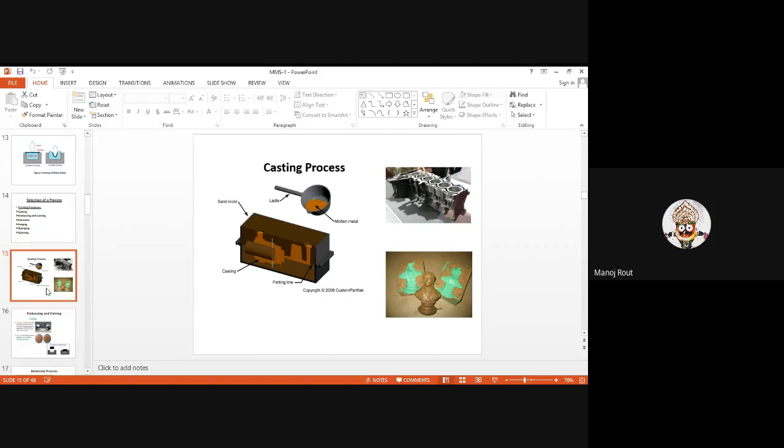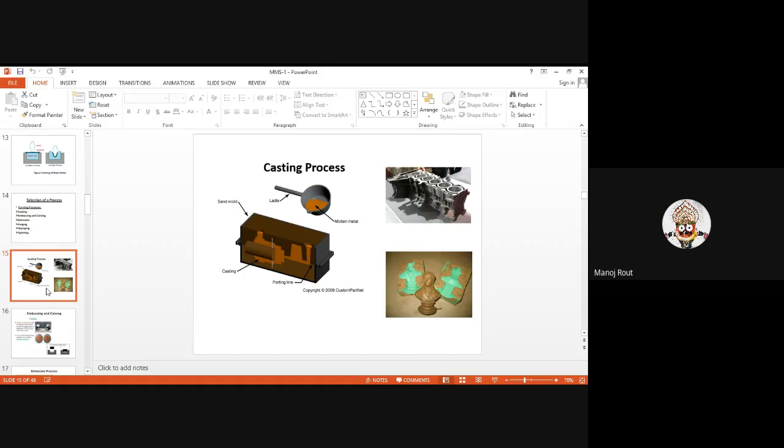Here are examples of making art and craft, different types of statues. Even the larger shapes and sizes of automotive engines can be made by this process, where molten metal is directly poured inside the sand mold. After it solidifies, you can get the desired shape.